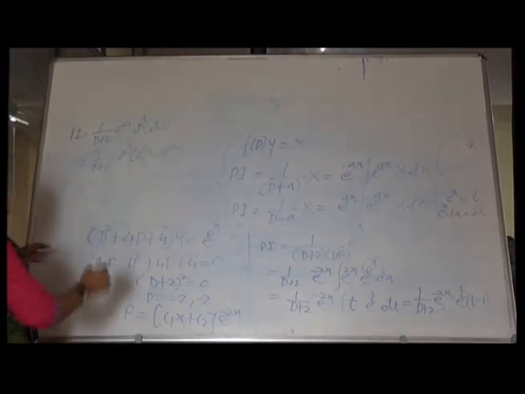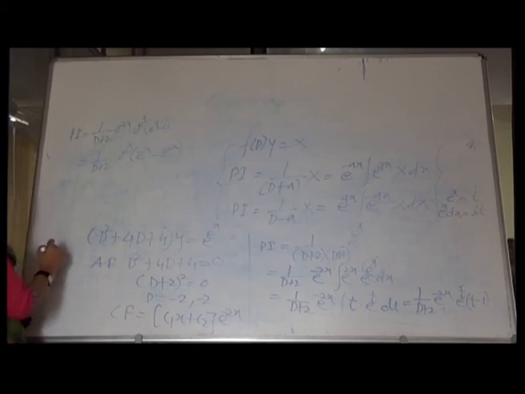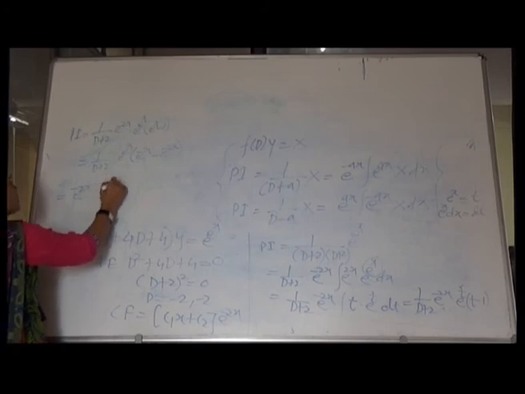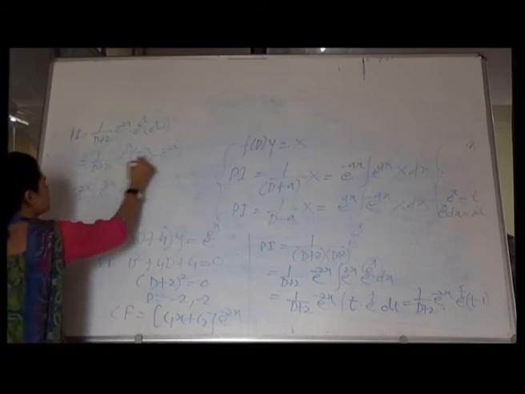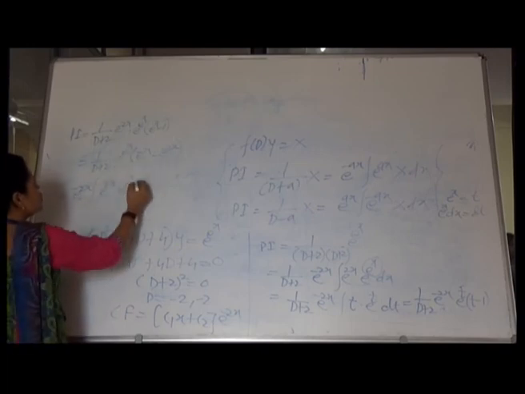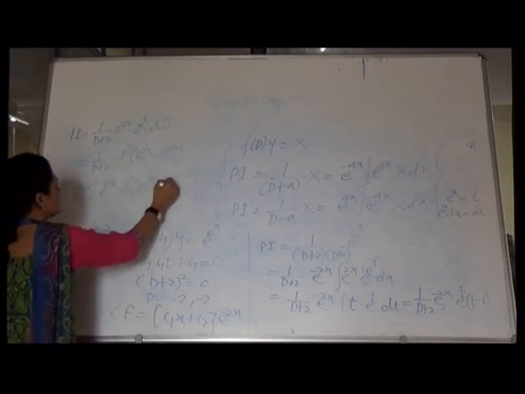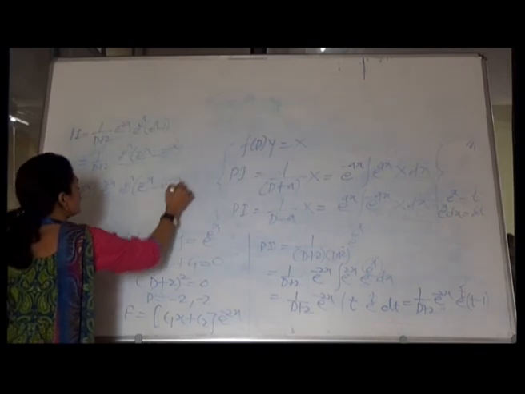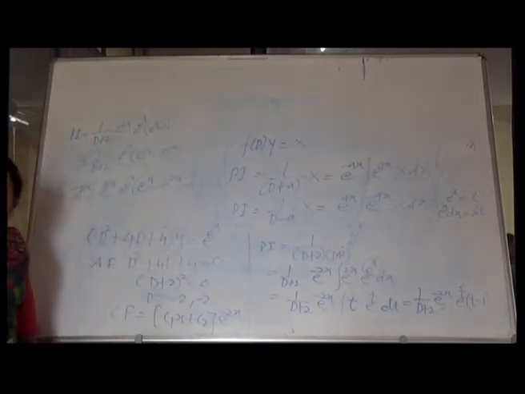To simplify this, I will operate d plus 2 again, which is e raised to minus 2x integral of e raised to 2x into the function capital X, which is this whole one, e raised to x minus e raised to minus x into e raised to minus 2x into dx.